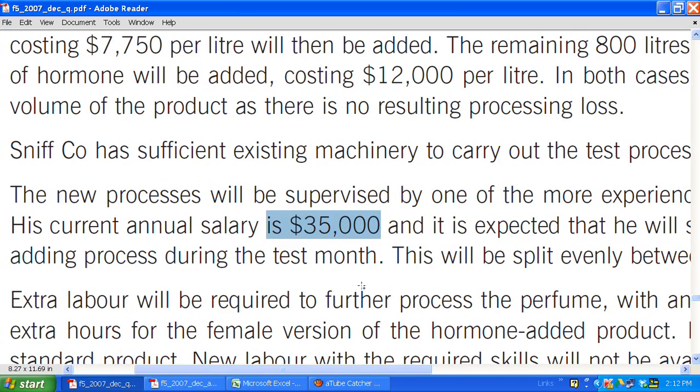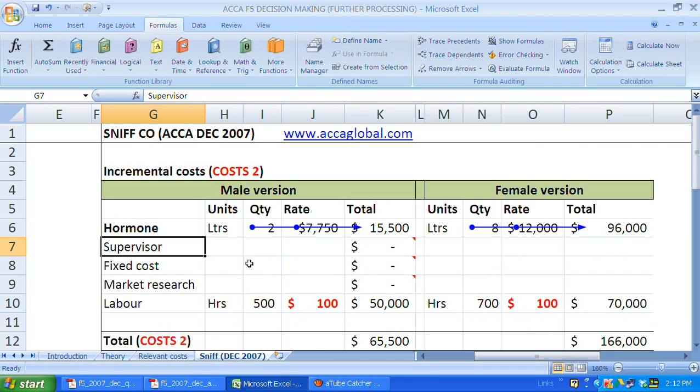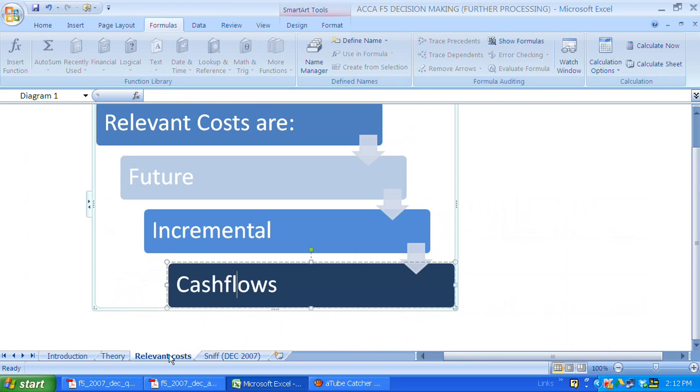So you see, even if we don't process further, the supervisor costs are not incremental. You see? So either way, whether we pay him or not, whether we're going to process the product further or not, we will still pay him his salary.